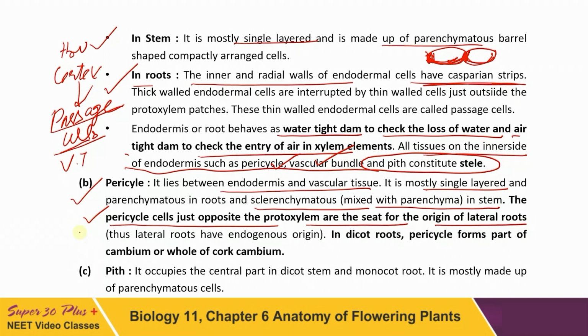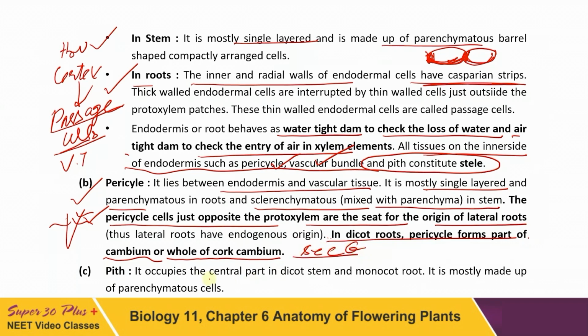In case of root, the lateral branches come out from inside, endogenously, from the pericycle. In dicot root, you have to study in detail: the pericycle forms part of the cambium and the whole cork cambium. You have to study this when we deal with secondary growth.